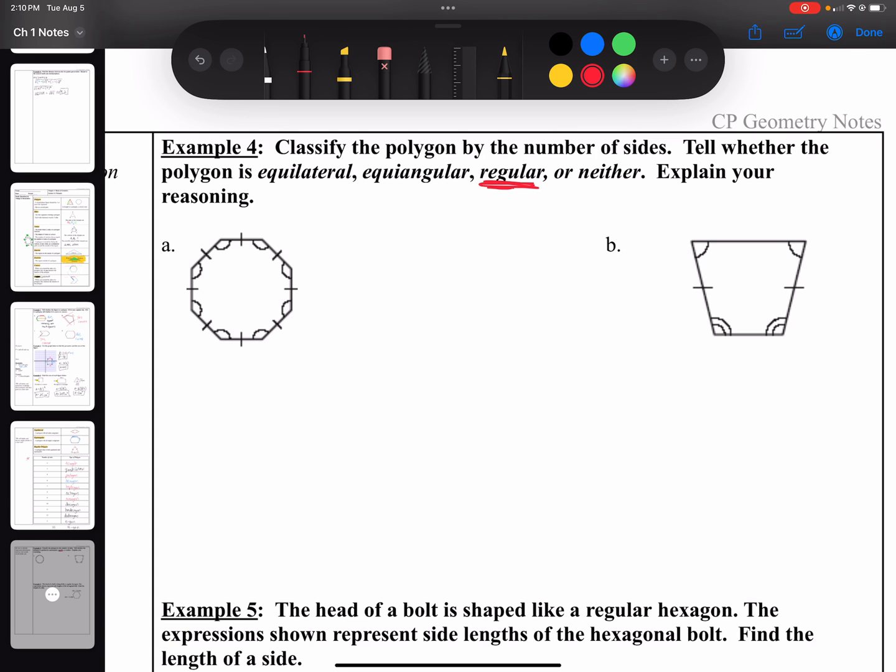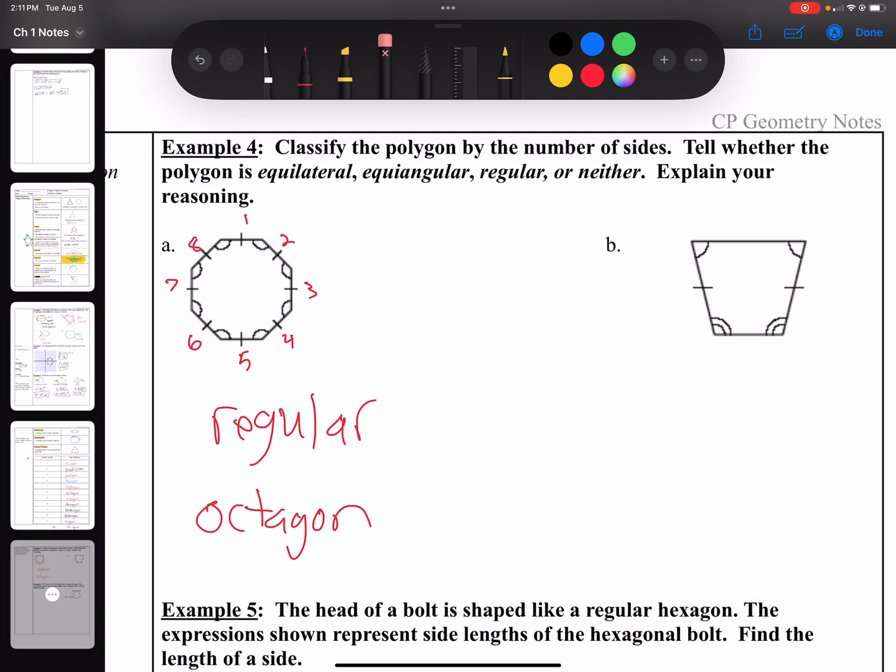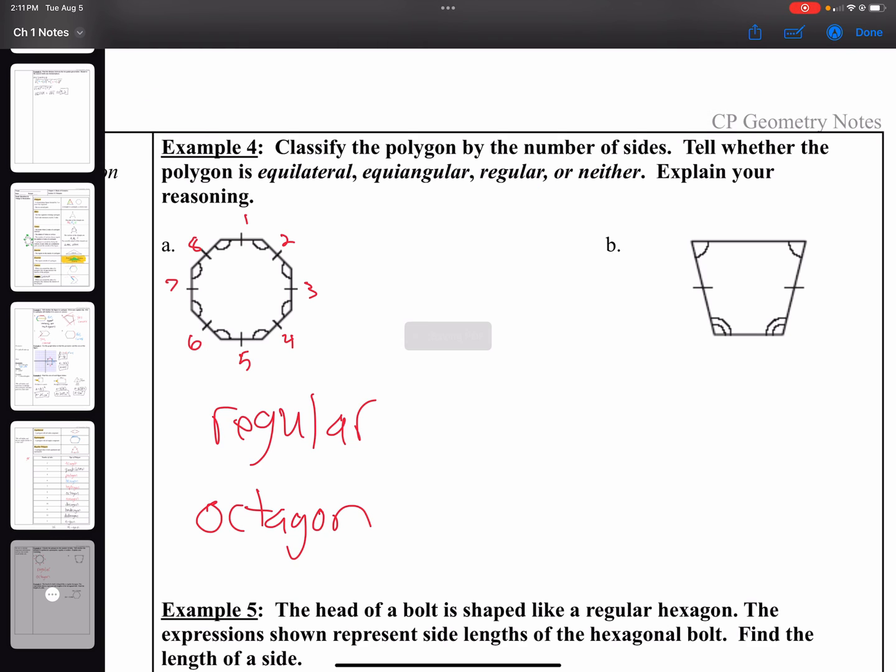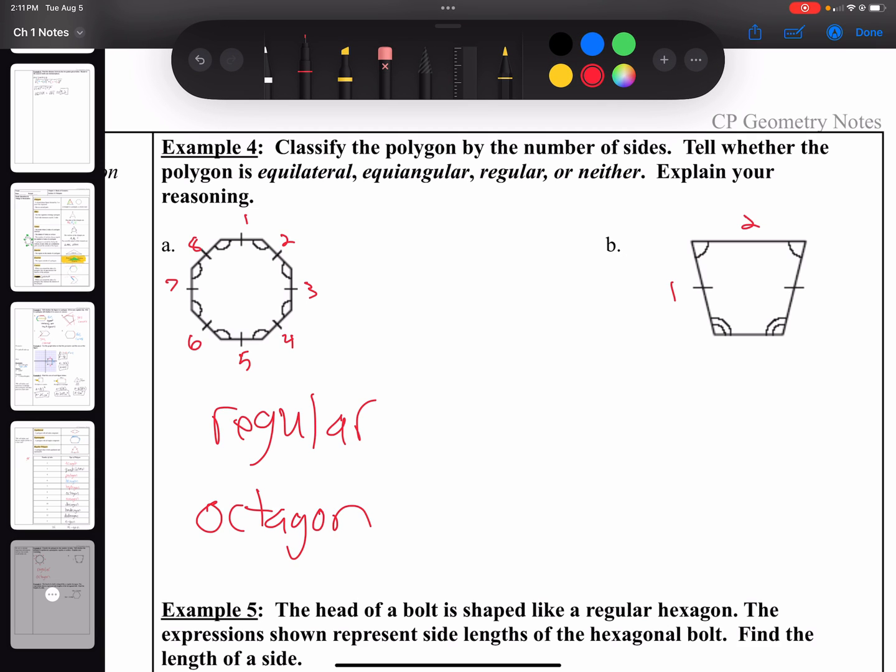We also need to classify it by the number of sides. It's 1, 2, 3, 4, 5, 6, 7, 8 sides. So that is a regular octagon, because it is both equilateral and equiangular. All right, next one. It's got 1, 2, 3, 4 sides, which means it is a quadrilateral.